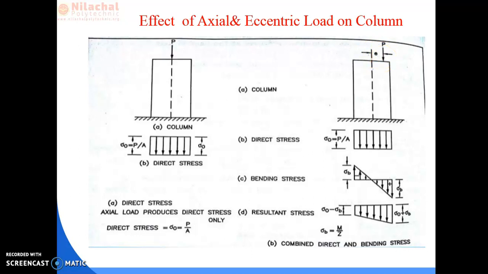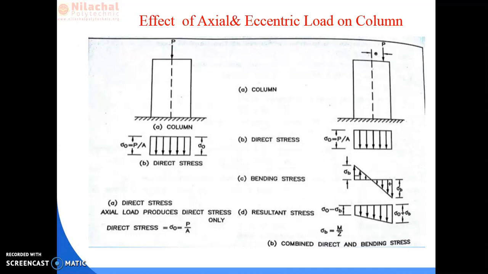While the couple is applied at the axis as well as the eccentric load, the reaction of the column is upward, and the load applied eccentrically is downward. Both forces cause a bending moment, produced by the two couple forces, and due to this couple the bending of the column takes place.